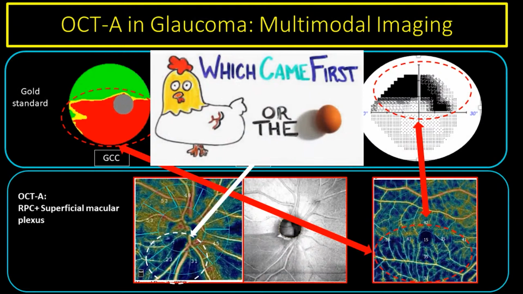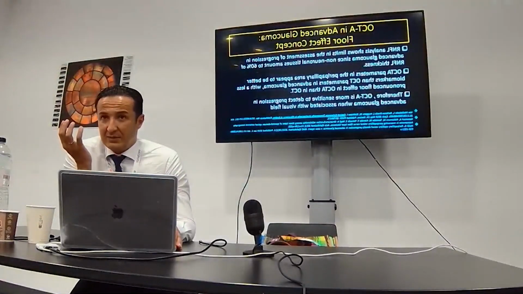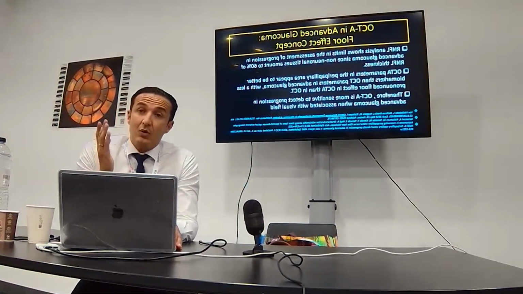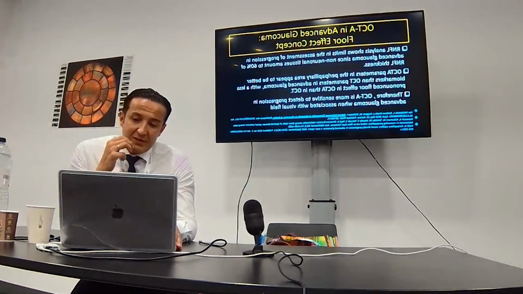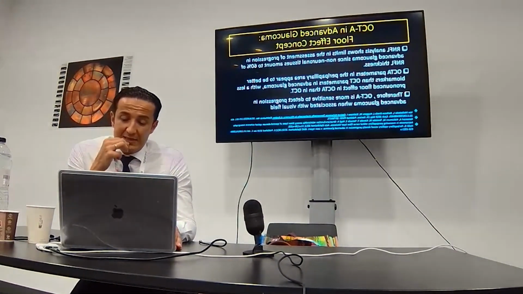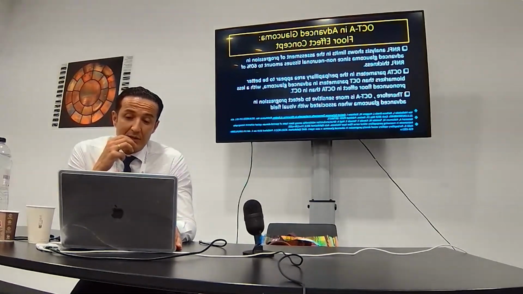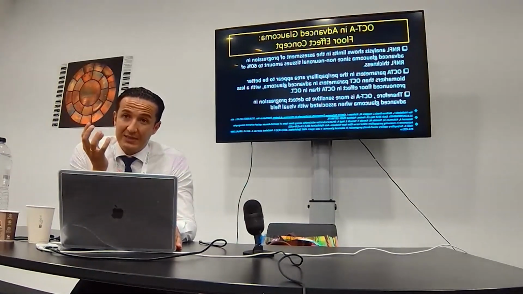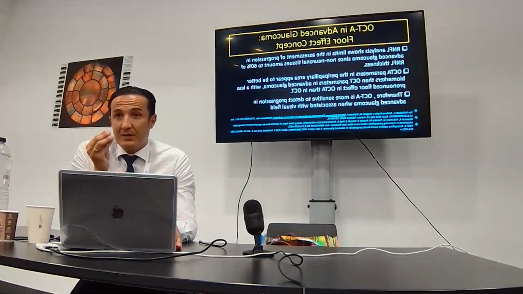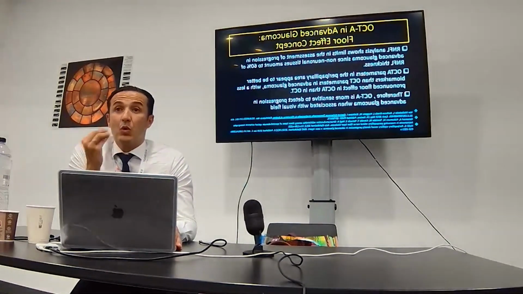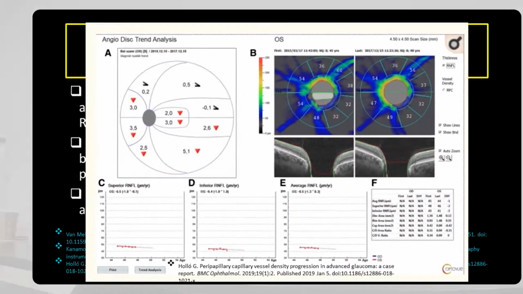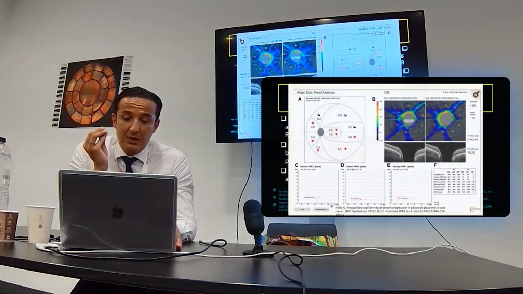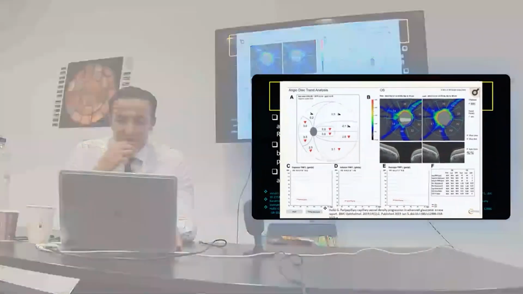But currently, we know there is a floor effect in the structural OCT, especially in advanced glaucoma. We know also that this floor effect in OCT-A is less as compared to the structural OCT. And probably we can use the OCT-A in advanced glaucoma associated with the whole retinal thickness in this kind of patient. And look here, this is a publication of Gabor Holló in a very advanced stage of glaucoma.